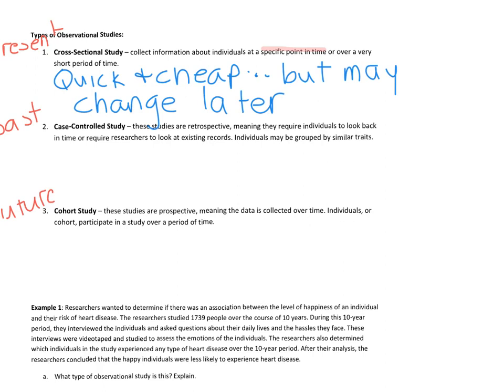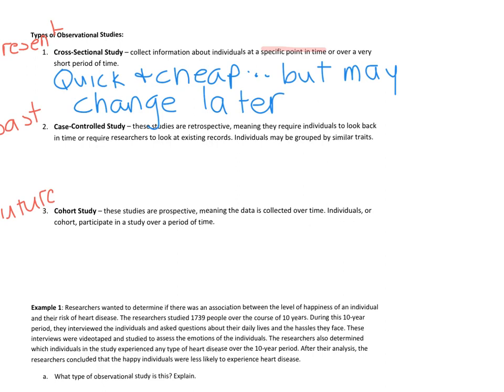So that takes care of this fact up here. So maybe a current smoker later has lung cancer. Well, case control, since it's retrospective, we can look at past smokers and their rate of lung cancer. All right, so the question now isn't, do you smoke? It's, have you ever smoked? Have you ever had cancer?